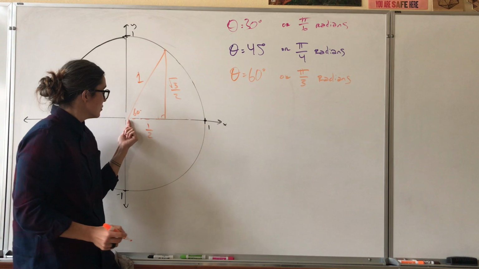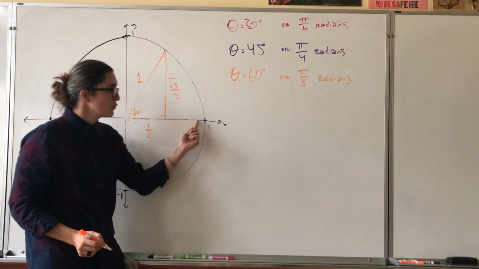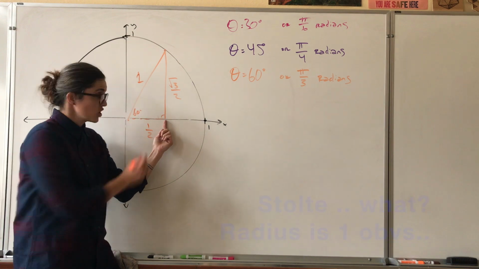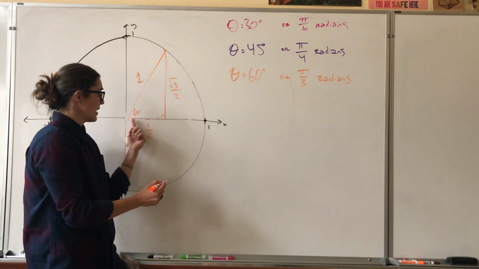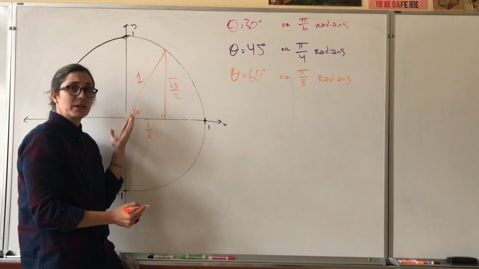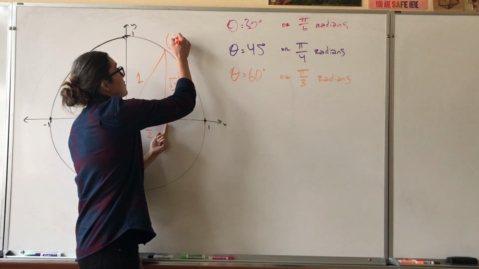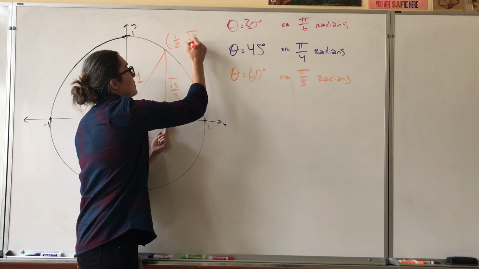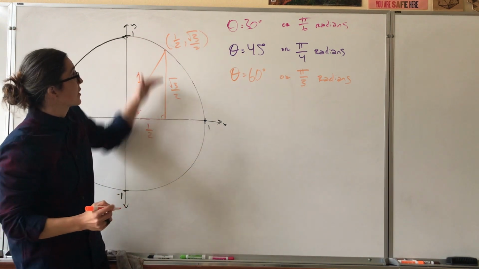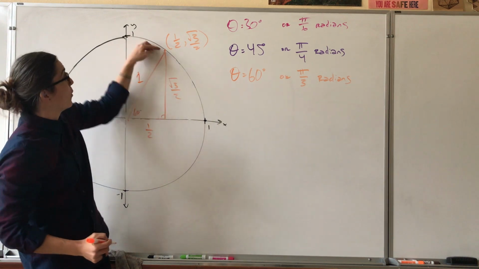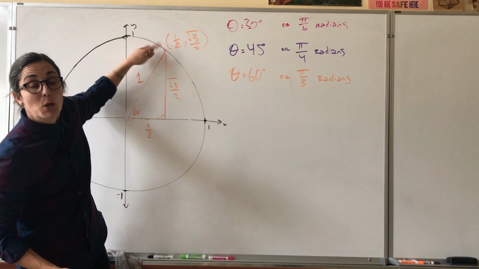And we can also check, because if this was a radius of a half, the x-coordinate right here should be about halfway, right? The x-coordinate here is half of my total radius of 1. And so it follows that the coordinates here are a half and root 3 over 2 for the x and the y coordinate of that point on the unit circle.